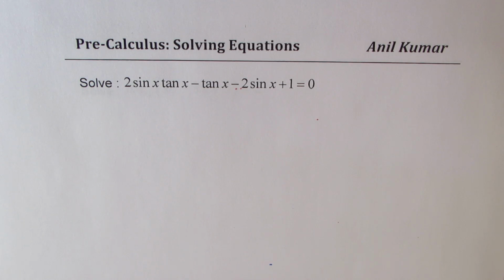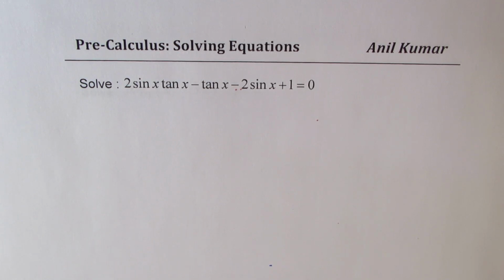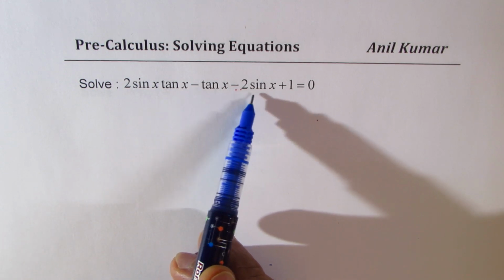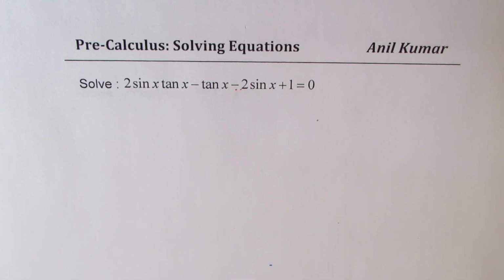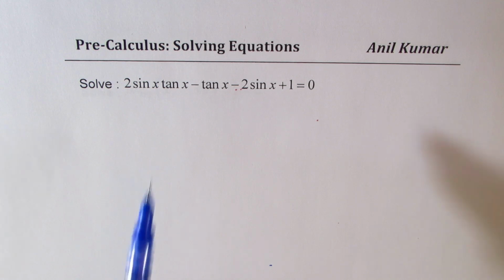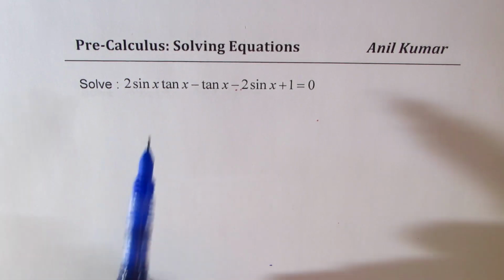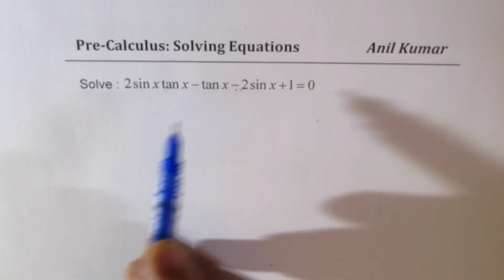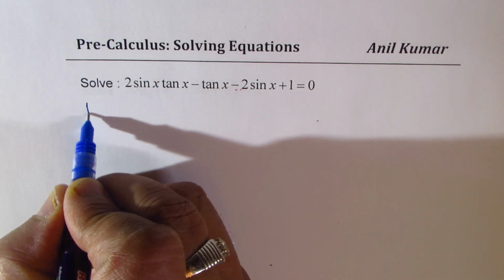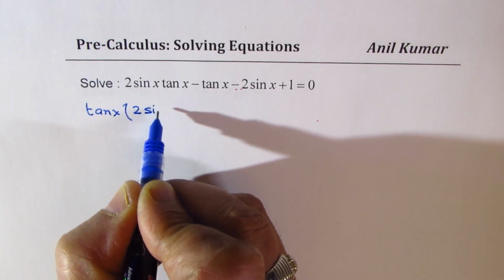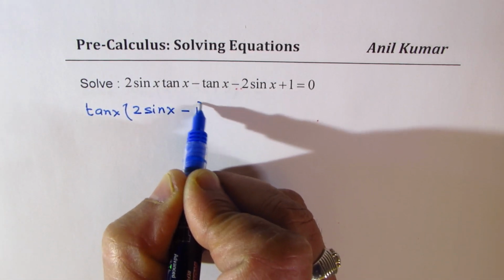This time we are going to work with a trigonometric equation. The equation is 2 sin x tan x minus 2 sin x plus 1. There are 4 terms, and we see a kind of pattern. We could factor and then solve. In the first 2 terms, I could factor tan x. So if I factor tan x, I get 2 sin x minus 1.